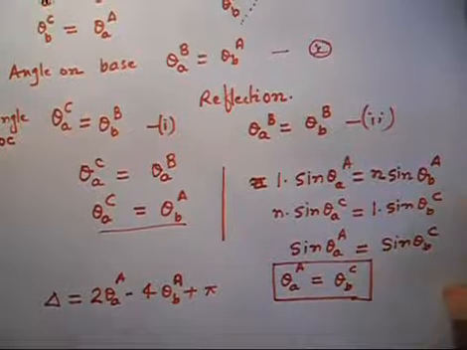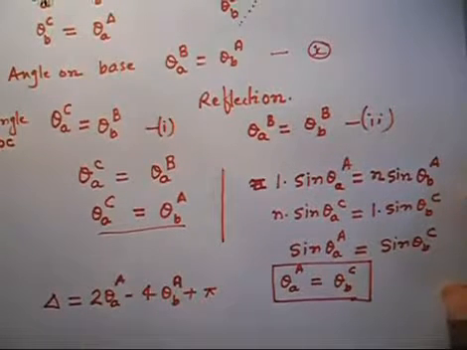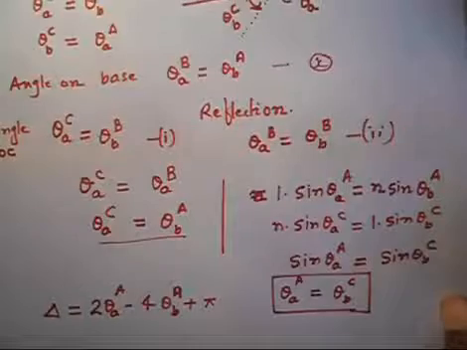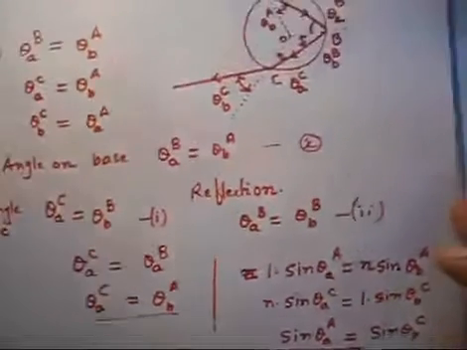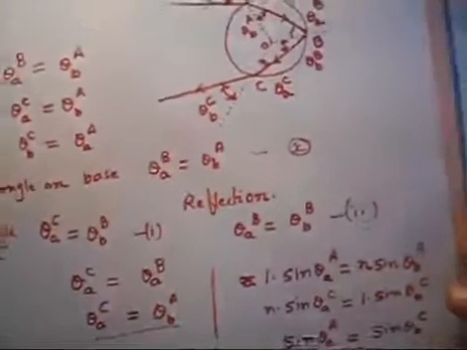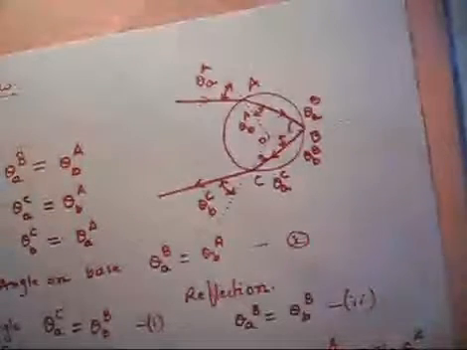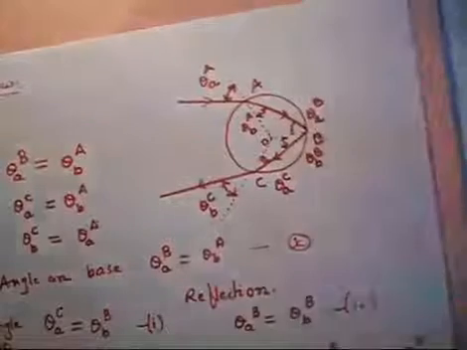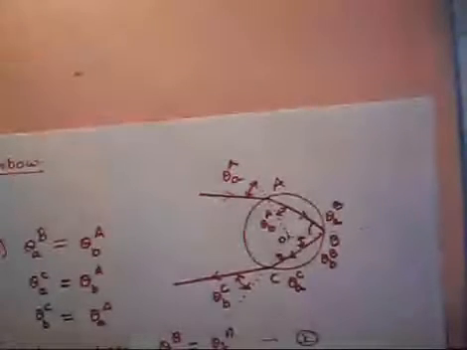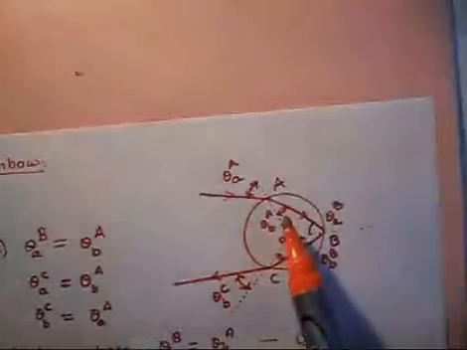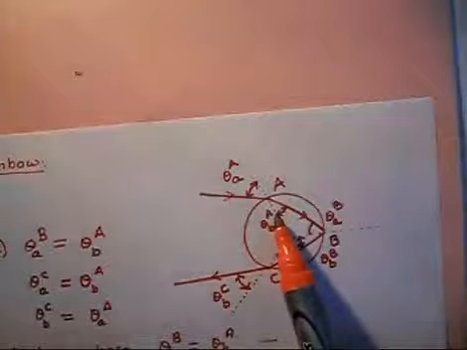Now what we will do is find the deviation at all the faces and then simply add them. So at the first face, what is the deviation? If you see the first face, this is the theta a angle and the final angle is theta b.